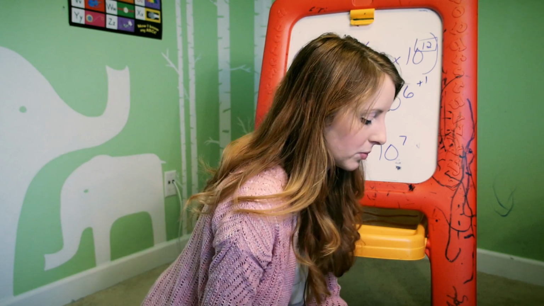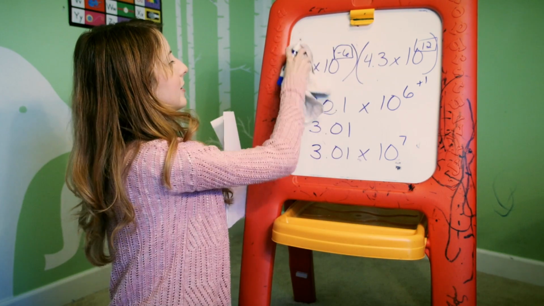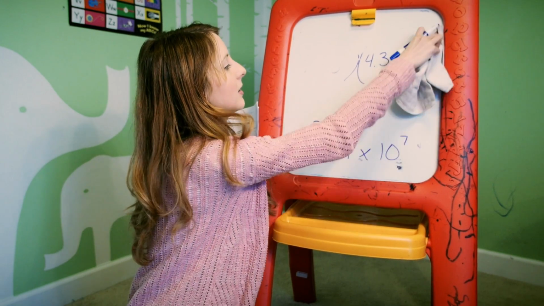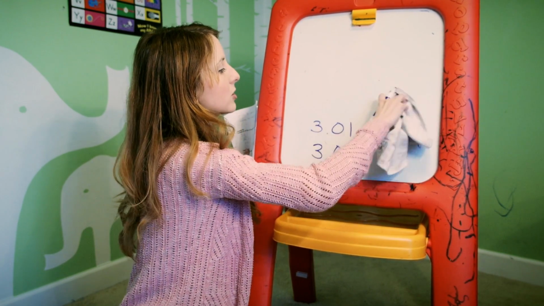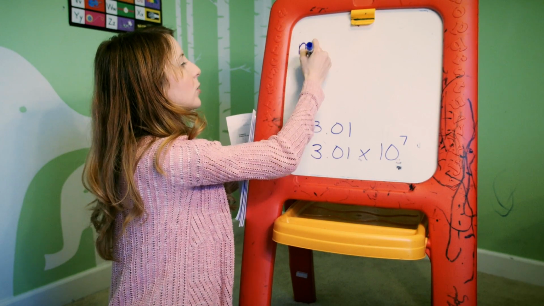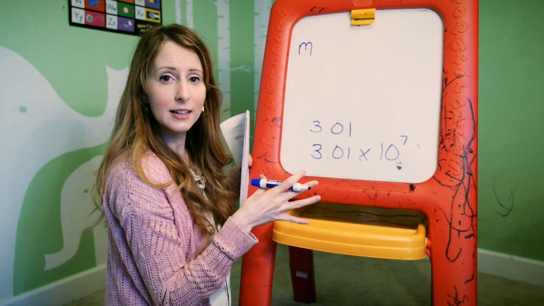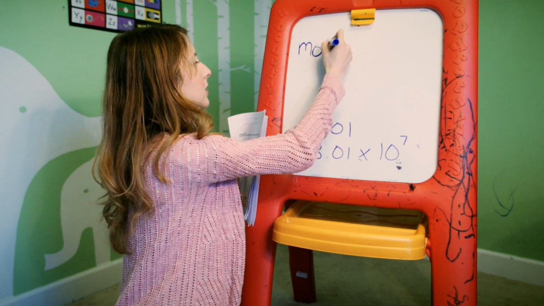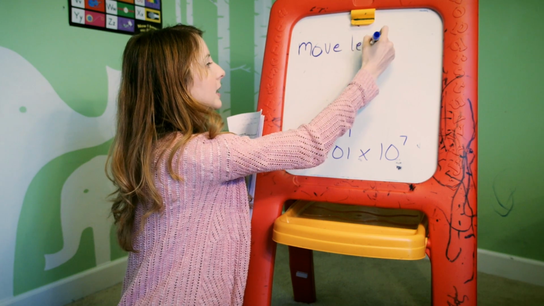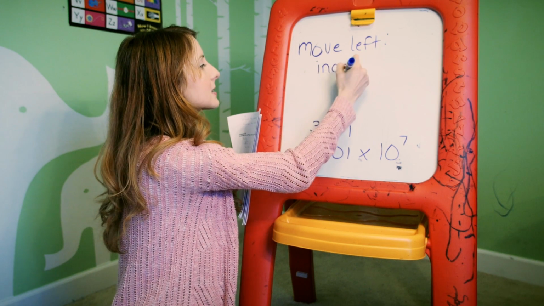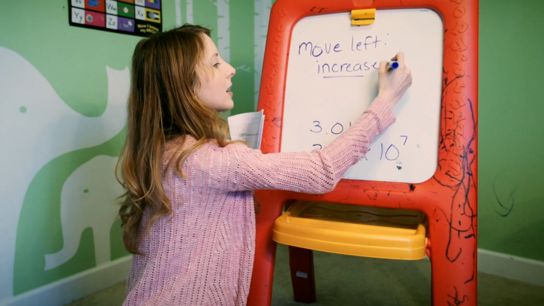Now, I like to write a little bit of a cheat sheet for how to represent that change. If, in order to put your final answer in scientific notation, you had to move the decimal to the left, like I just did, it's going to increase your exponent.